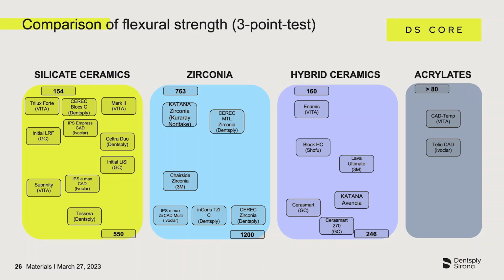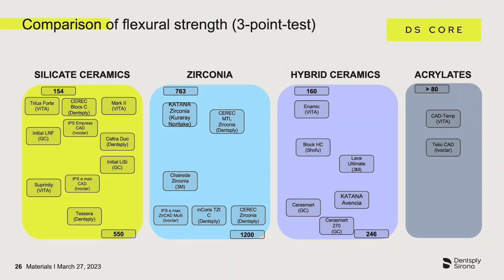All three of these materials are feldspar ceramics and all exhibit a flexural strength of 154 megapascals in the 3-point test. GC Initial LRF from GC is a lucite reinforced feldspar ceramic and has a flexural strength of 200 megapascals in the 3-point test.